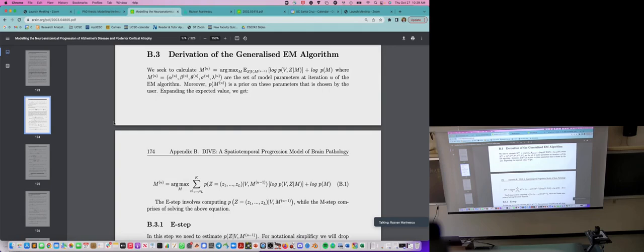So I estimate a set of new parameters at iteration u as a maximization over this whole thing. This is where they are optimized, but this distribution is computed with parameters from the previous iteration.